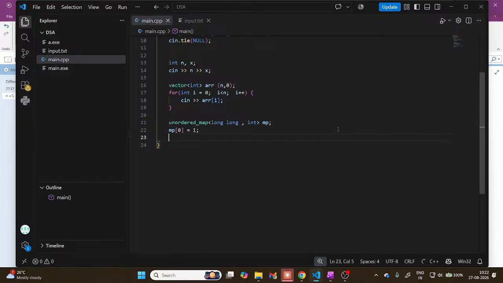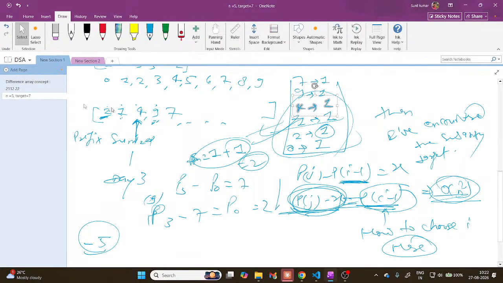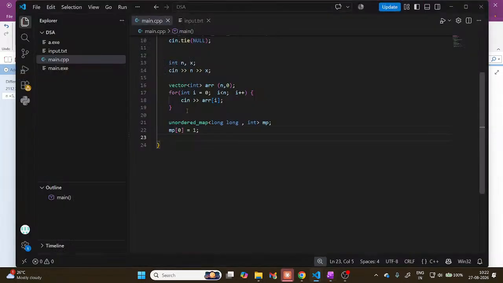That's a very important thing. And again, what I need is a prefix vector. No, I just need a variable for this. Long prefix sum equal to 0 and integer count.